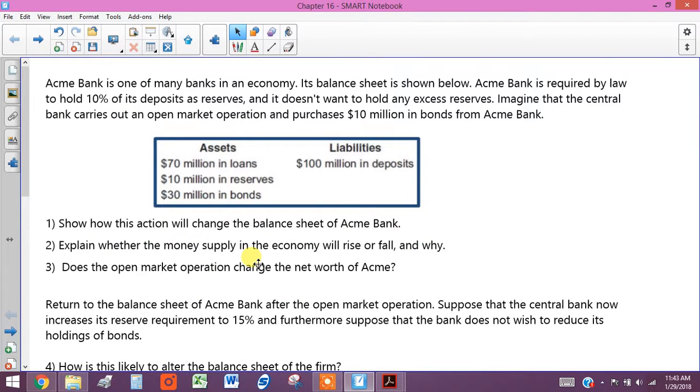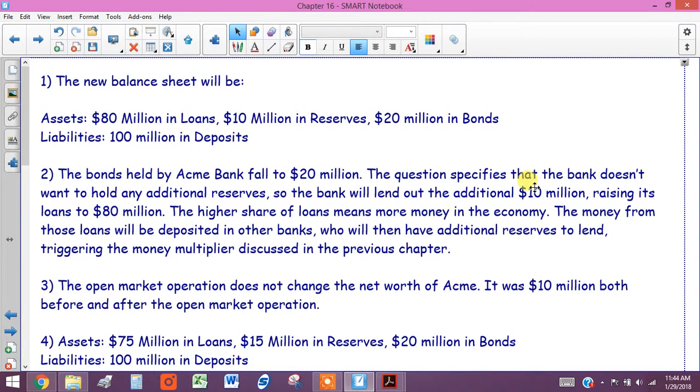So, next question. Explain whether the money supply in the economy will rise or fall. Well, it's going to rise if you think about that, because they're going to be loaning out more money into the economy. So you can write your answer something like this. Since they're not going to hold any additional reserves, they're going to lend out the total of the additional $10 million.